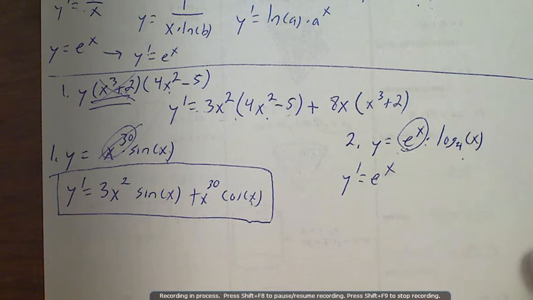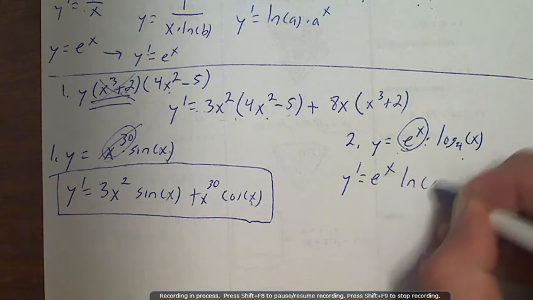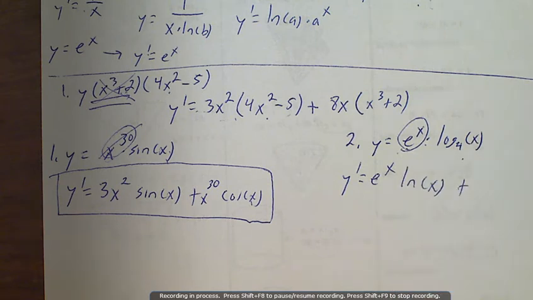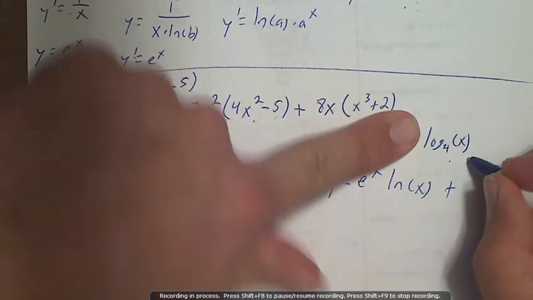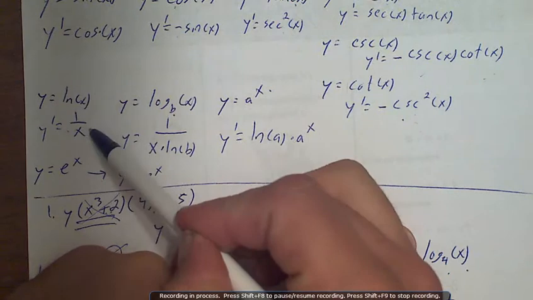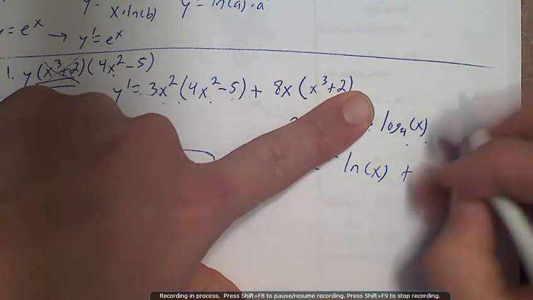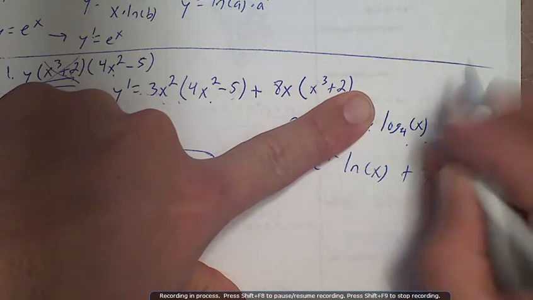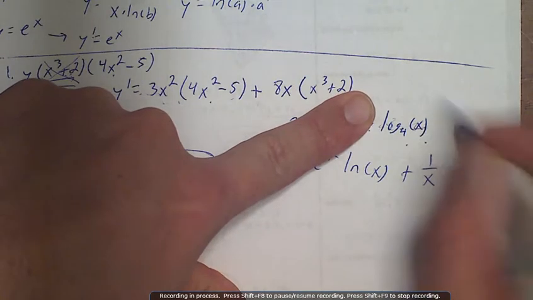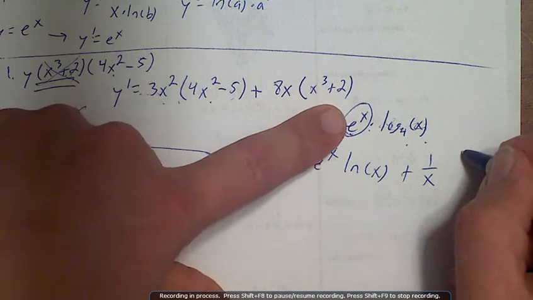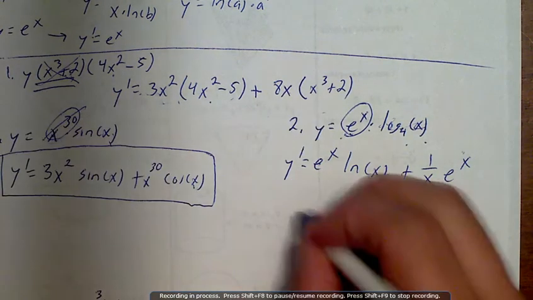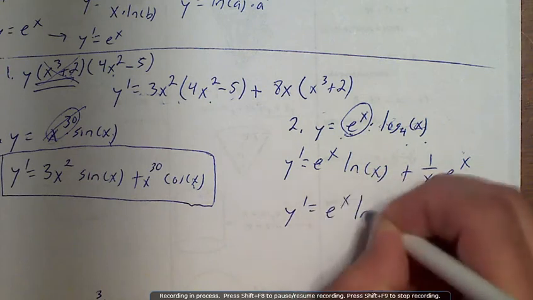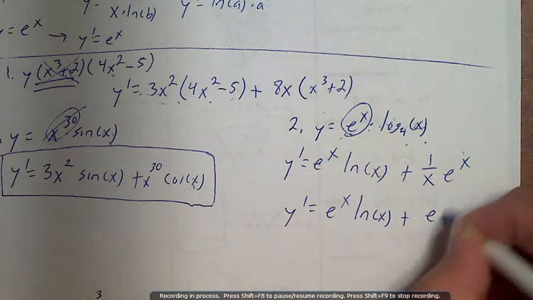Derivative of natural log is 1 over x. So I did that, and then leave whatever else is around it, which is e to the x. If I want to simplify this, one over x times e to the x would be e to the x over x as your simplified answer.